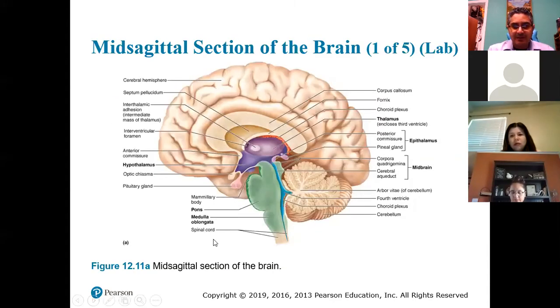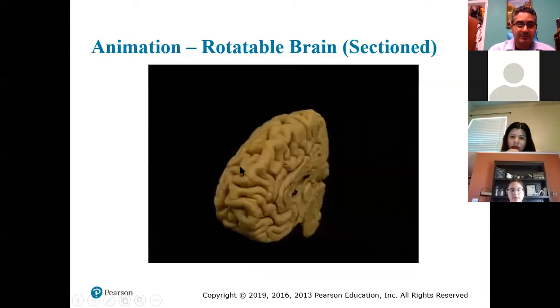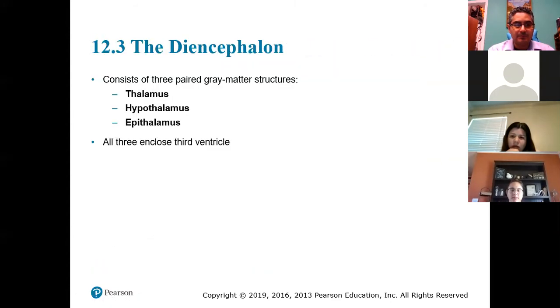So let's briefly take a look at where the diencephalon, thalamus, epithalamus, hypothalamus are. Thalamus, epithalamus, hypothalamus.